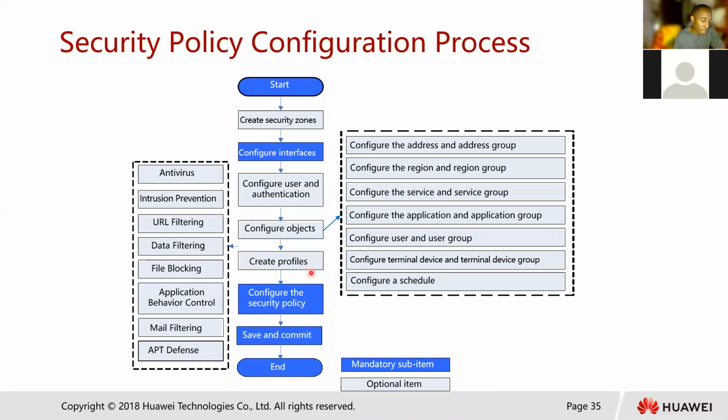Then you go to creating the profiles, which is optional. You can decide whether the profile is antivirus, intrusion prevention, URL filtering, data filtering, file blocking, application behavior control, mail filtering, advanced persistent threat defense.